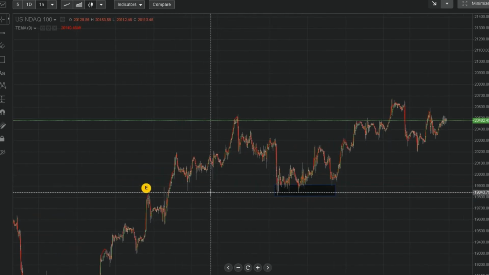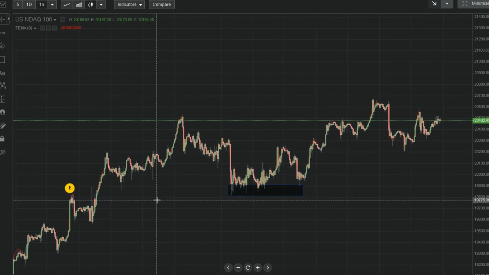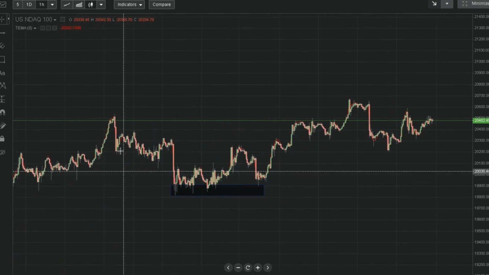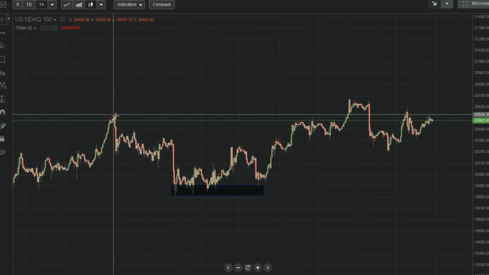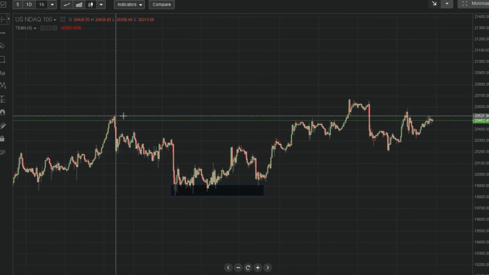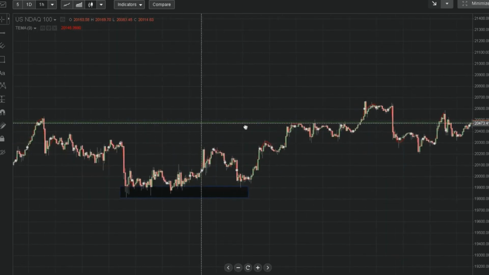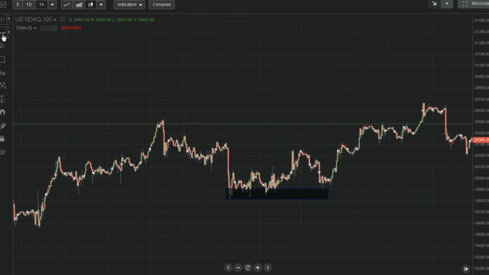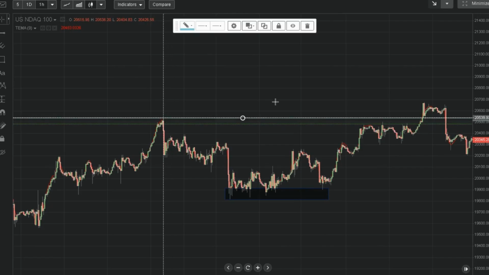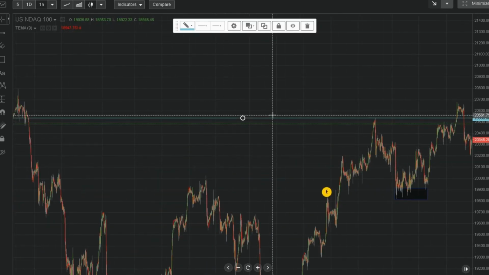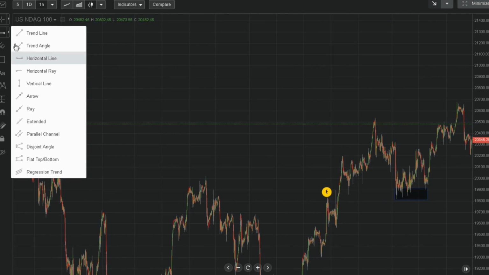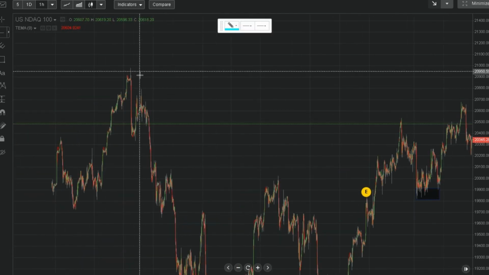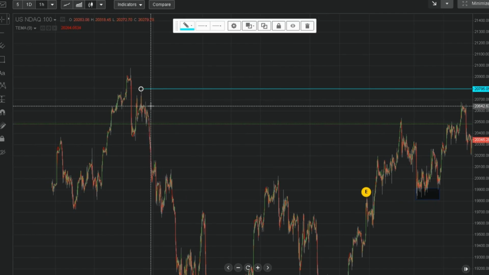So bearish liquidity remains at the high points, the wicks of the candles. So here can be liquidity. Okay, these things are liquidity.